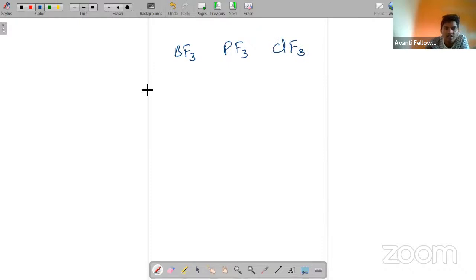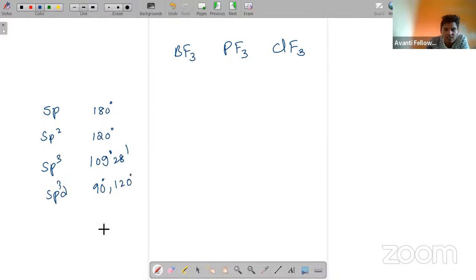First of all, we need to find the hybridization. Remember, for sp, the bond angle is 180 degrees. For sp2, the bond angle is 120 degrees. For sp3, the bond angle is 109 degrees 28 minutes. For sp3d, it is 90 degrees and 120 degrees. How, sir? Just see.